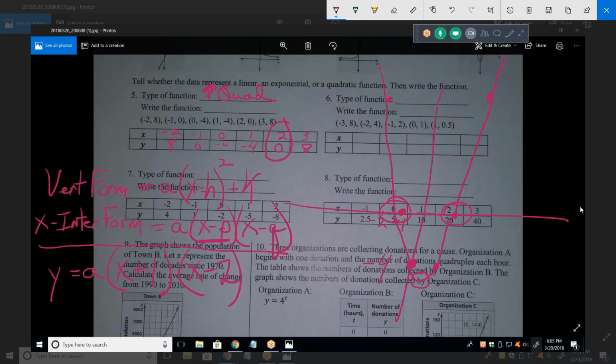Now the only thing we really need to solve for is A. And we know all kinds of points here. We know that when x is 0, y is -4. So let's put y -4.